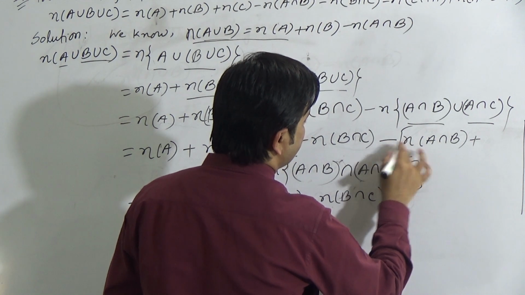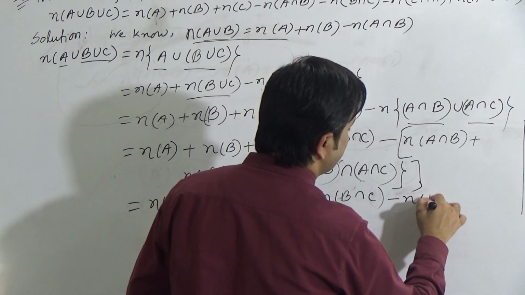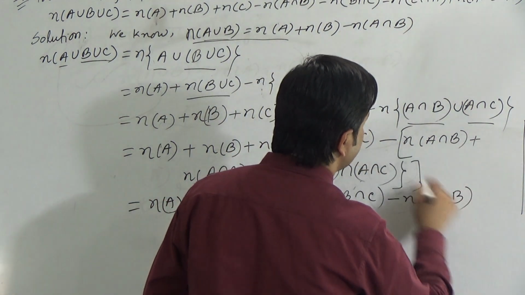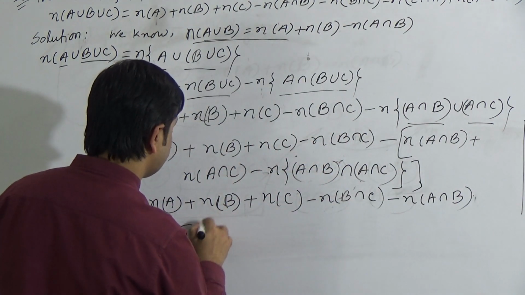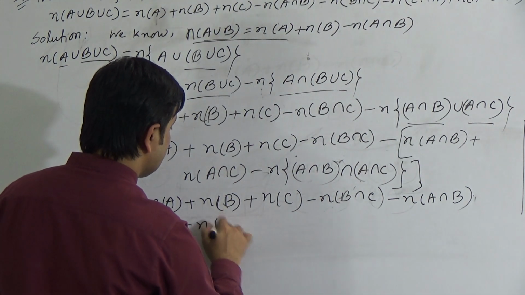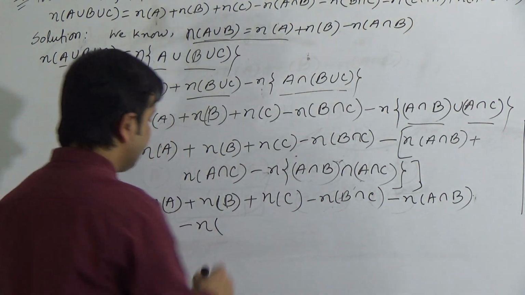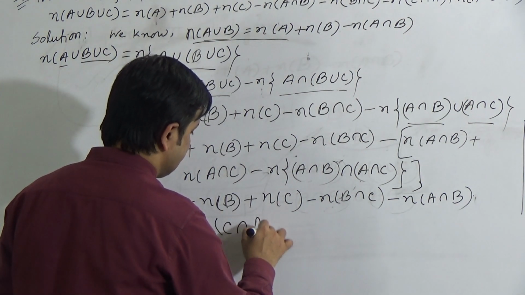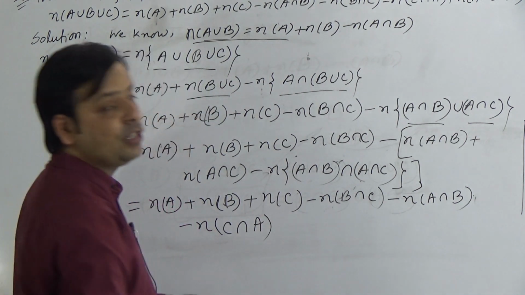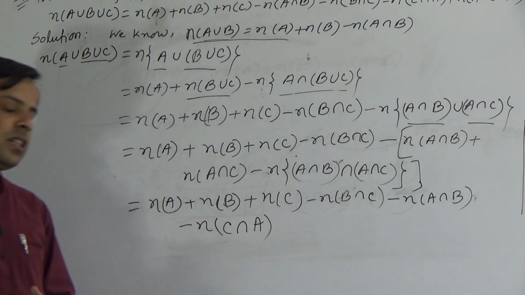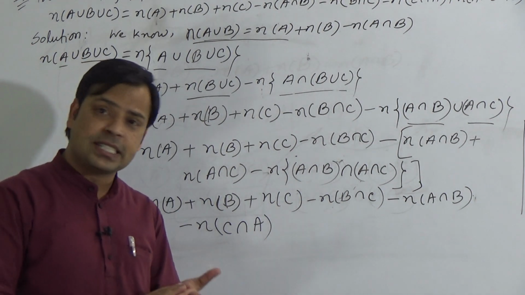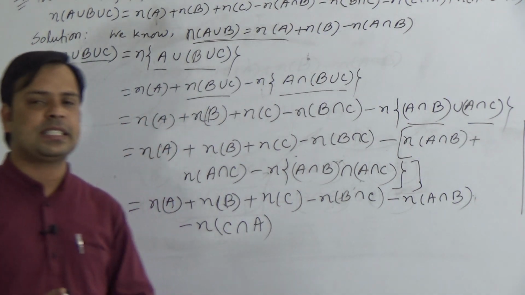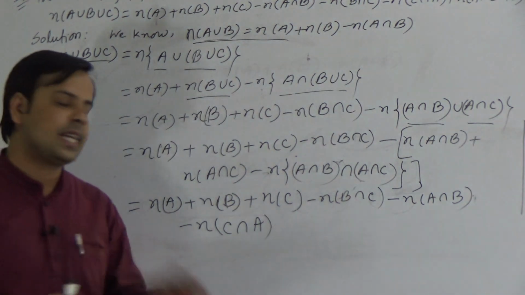Now plus and minus is minus number of elements of A intersection B, plus minus is minus number of elements of A intersection C, we can write as C intersection A. Both are same. When we do the intersection, we just take the common elements. For this, the value of A intersection C and the value of C intersection A will be same.